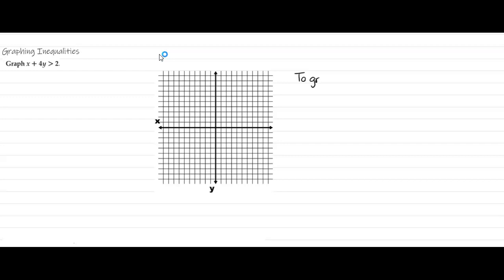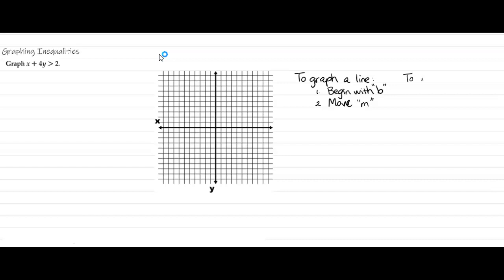To graph a line, begin with the b, or the y-intercept, and move m, which is the slope. Now, you can also begin with any point that you're given, but when you have an equation, you'll usually just be able to identify the y-intercept.